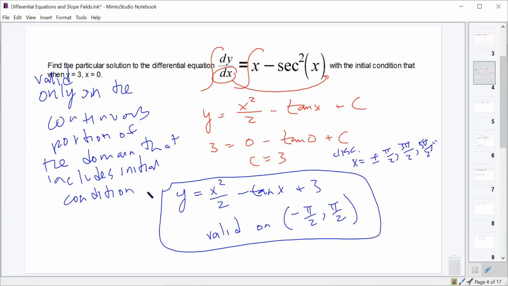We could have a constant of 1,000 between pi over 2 and 3 pi over 2. And we could have a constant of negative 5 from negative infinity all the way to negative pi over 2. And that doesn't affect the fact that the derivative is still equal to x minus secant squared x, and it doesn't affect the initial condition. The only portion that affects the initial condition is this little piece. Does that make sense?